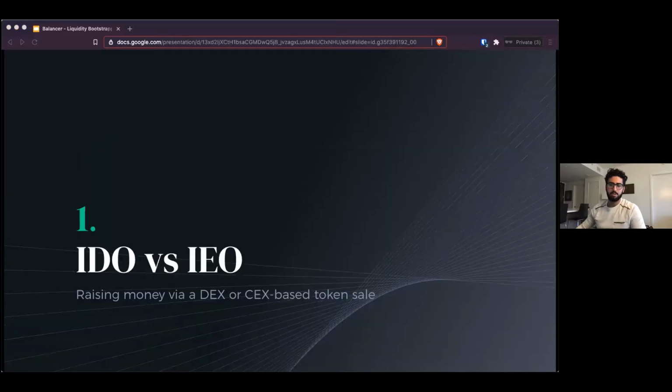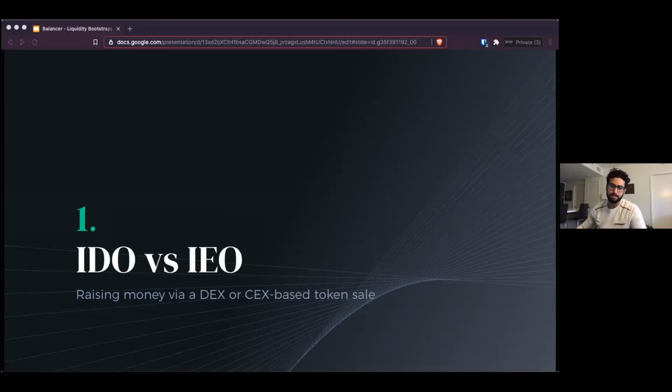So first thing I'm going to cover is the differences between raising money via IDO or IEO. And overall, this presentation is really meant to give teams in crypto and beyond an overview of what your options are when you're looking to fundraise and release a token and distribute that to your community and the larger global community.